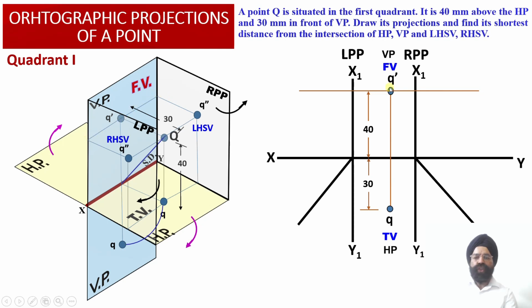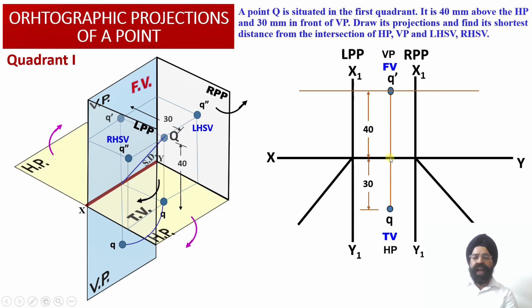We can check. From point Q dash of the front view orthographic projection, we have drawn a horizontal projector line into the left side profile plane and the right side profile plane. So on this horizontal locus line, at a height of 40 millimeter from the ground, the points Q double dash, the right hand side view projection and the left hand side view projection, will be available over here.